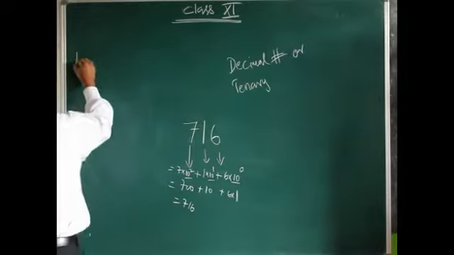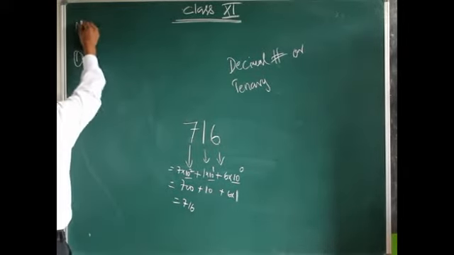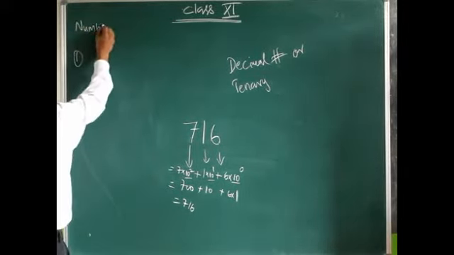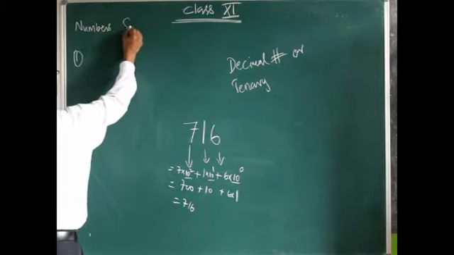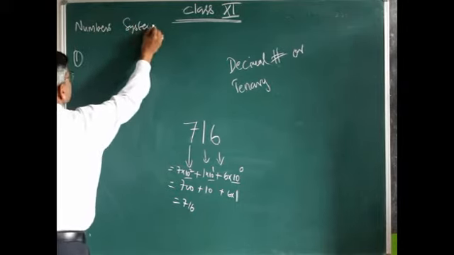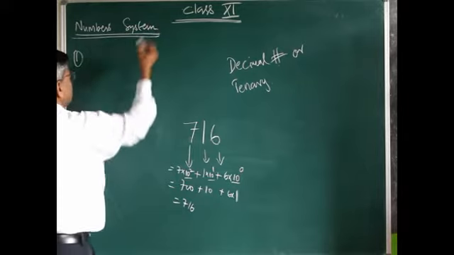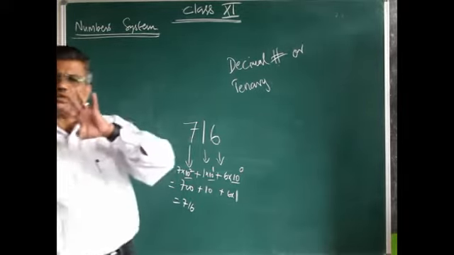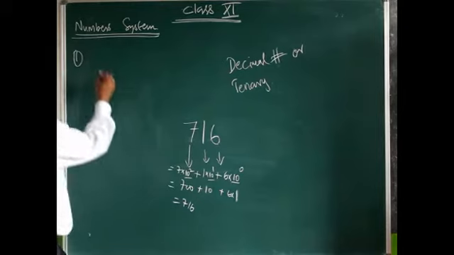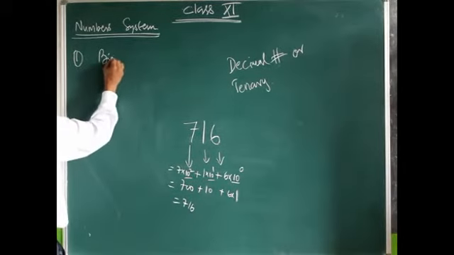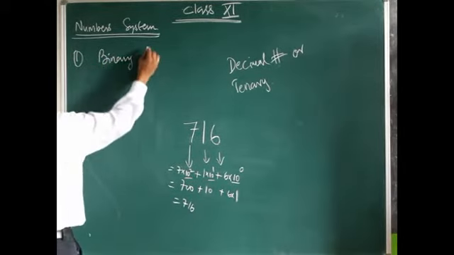The first number system. Computer uses 4 number systems. What are they? The first one is binary numbers.